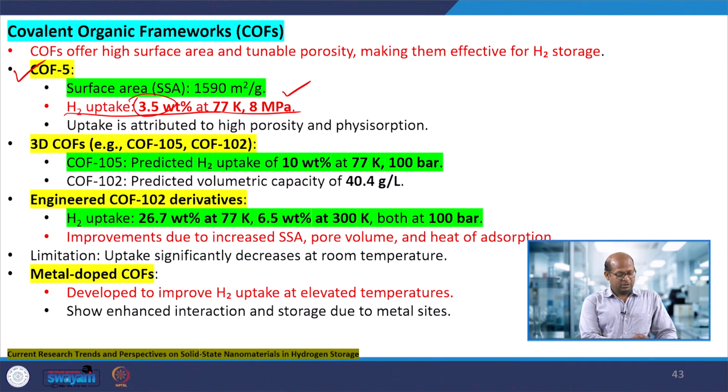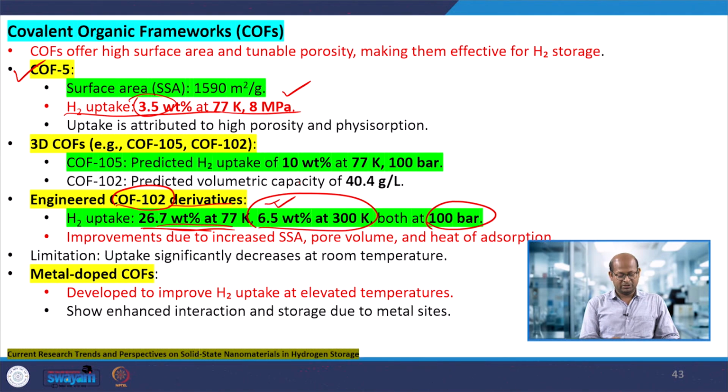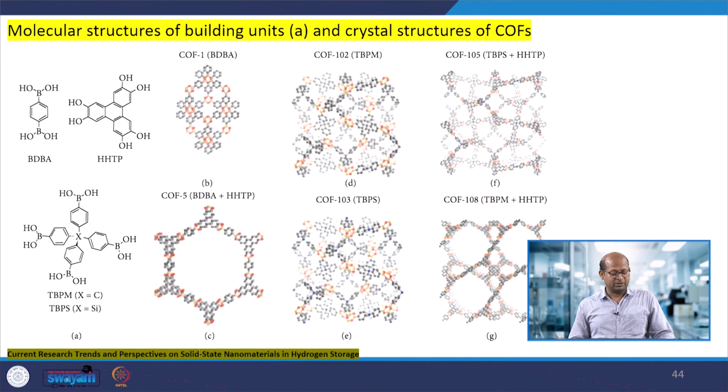Similarly, COF-102 derivatives, engineered COF-102, can store hydrogen at 100 bars and at 300 kelvins, 6.58% can be stored. In this type of material the surface area is increased, so the pore volume and other things have changed, therefore these materials have been modified, and as a result a good amount of hydrogen can be stored.